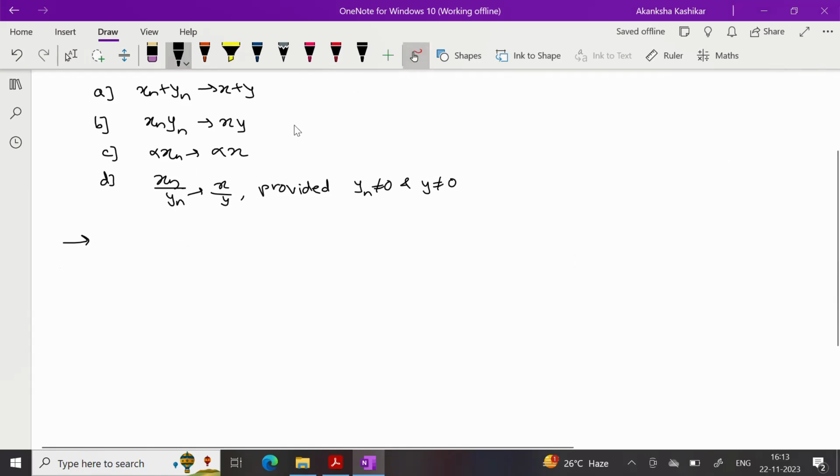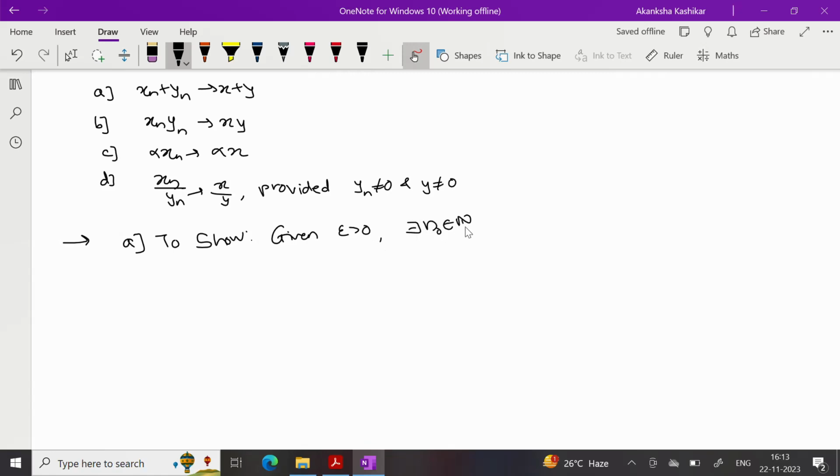Okay, so we will start with this part A. What it means is that I have to show, given epsilon greater than 0, there exists n naught in n such that mod of xn plus yn minus x plus y is less than epsilon for every n greater than or equal to n naught. This is what we have to show.